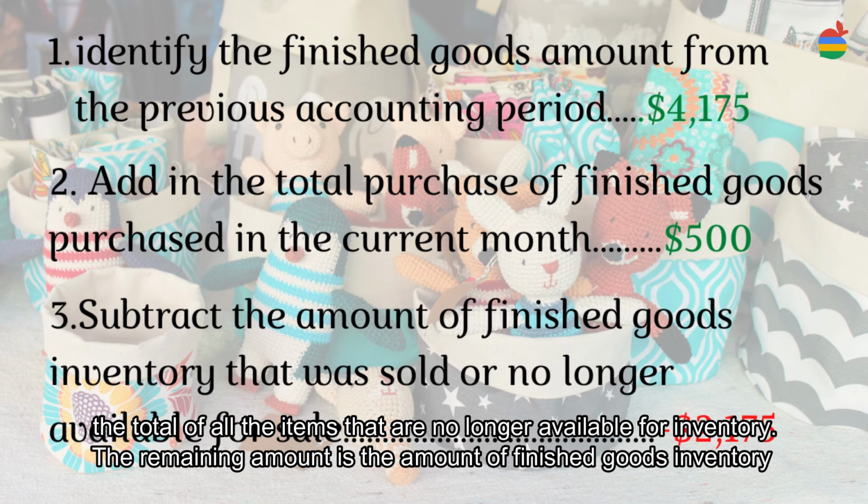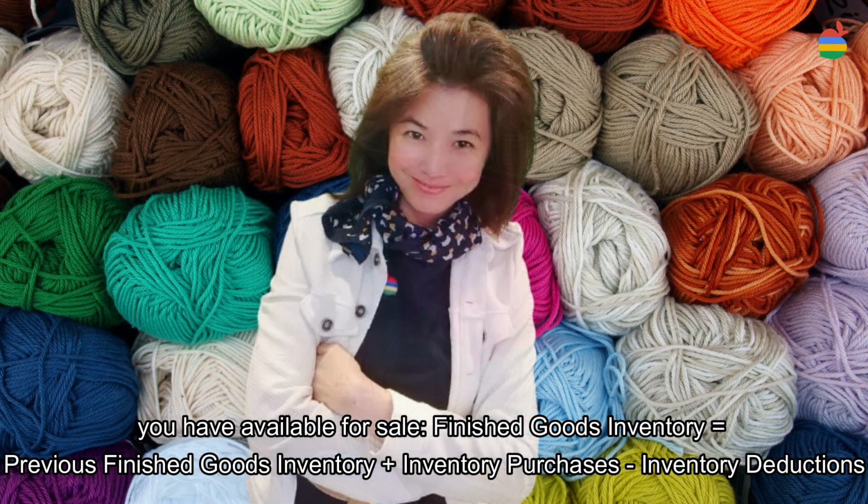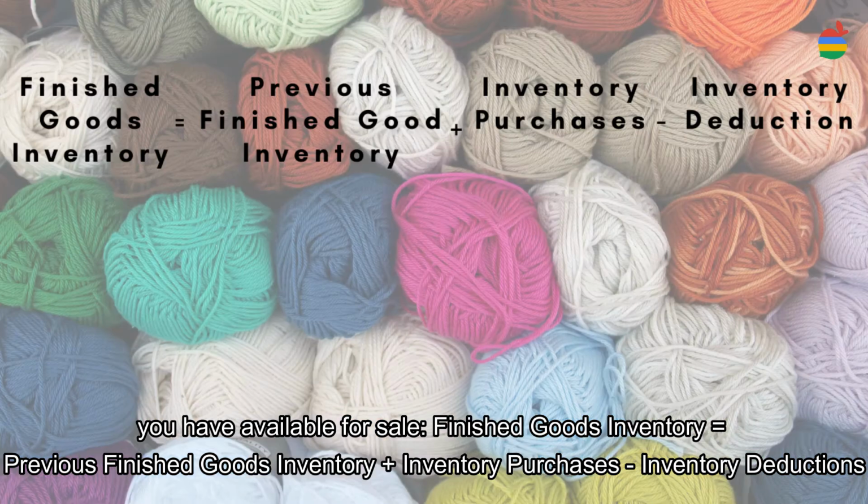The remaining amount is the amount of finished goods inventory you have available for sales, which is finished goods inventory equals previous finished goods inventory plus inventory purchases minus inventory deductions.